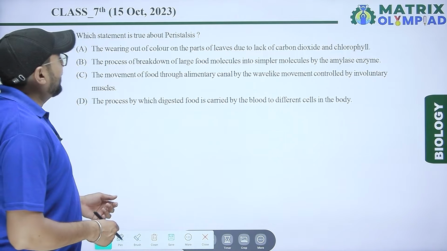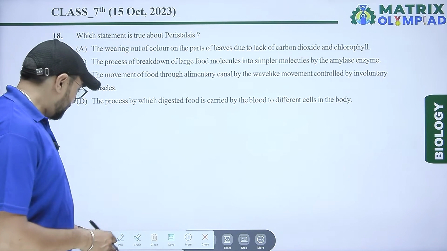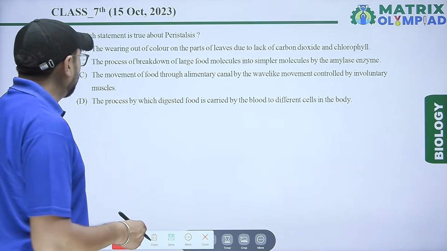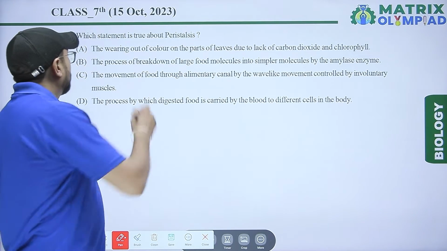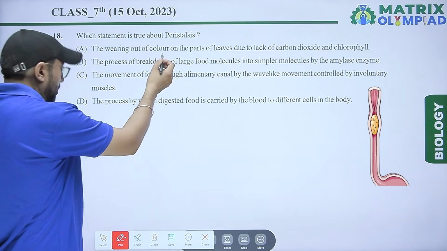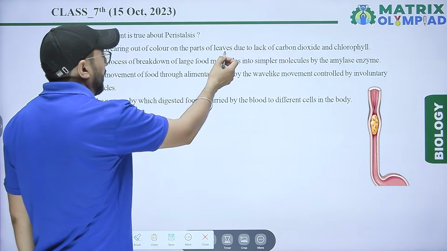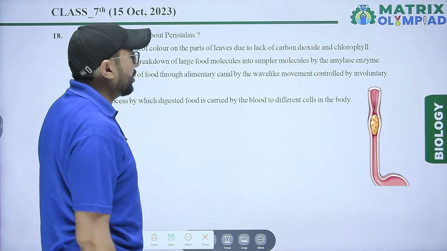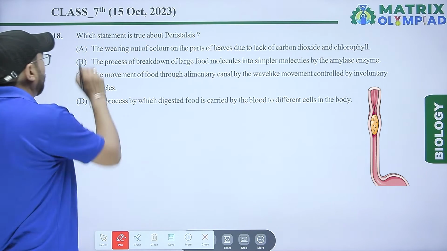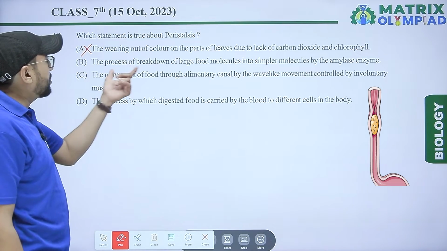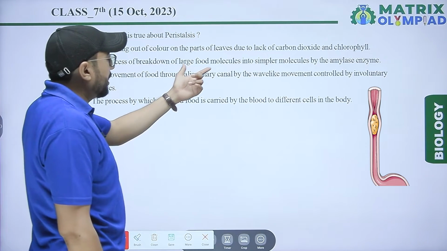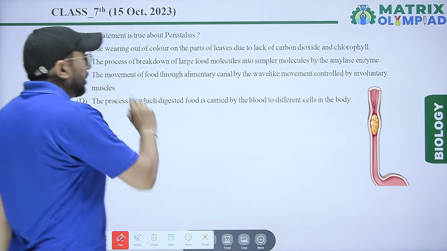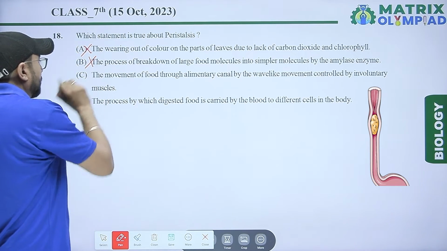Which statement is true about peristalsis movement? Peristalsis movement, wave-like movement. The wearing out of color on parts of leaves due to lack of carbon dioxide and chlorophyll, that's wrong. The process of breakdown of large food molecule into simpler by the amylase, that's wrong.